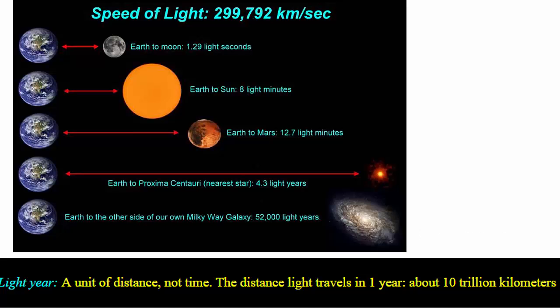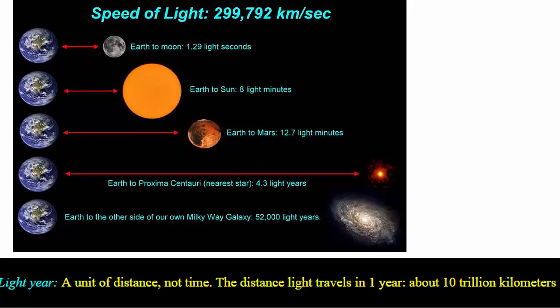It's worthwhile to stop now and consider what a light year means. If you multiply speed by time, you get a distance. So a light second is roughly the distance light travels from the surface of the Earth to the Moon, and it takes about 8 minutes for light to travel from Earth to the Sun.